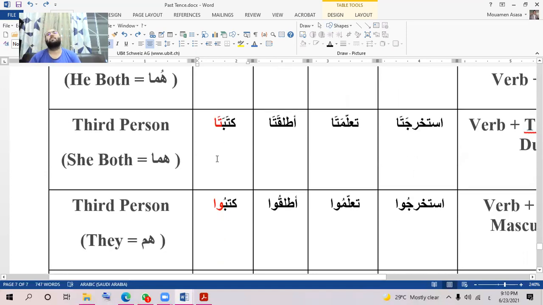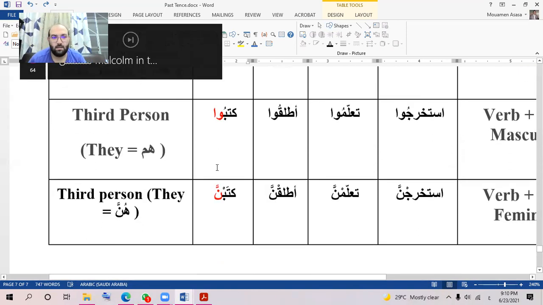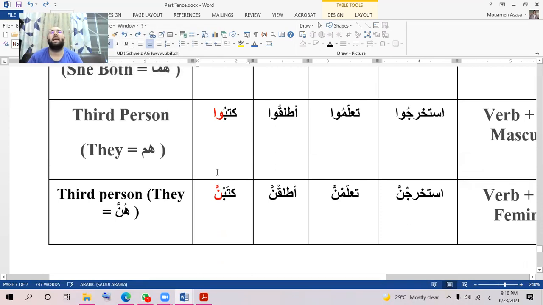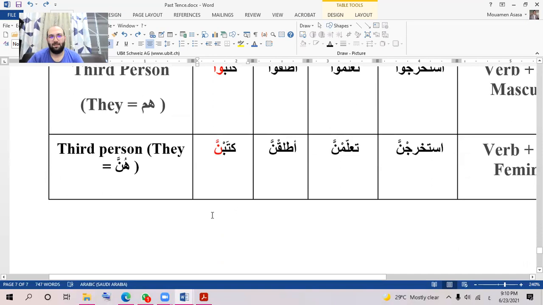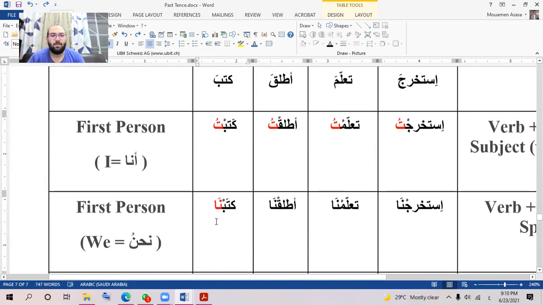Huma, female, katabata. MashaAllah. Hum katabu. Hunna katabna. MashaAllah. Barakallahu feek. Haja Nurzila.